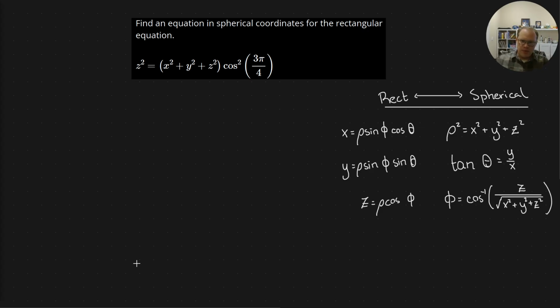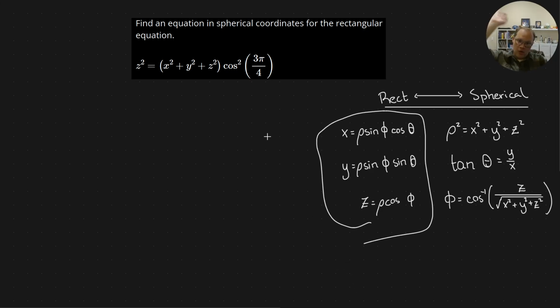Let's do another example. In this one, we are given an equation in rectangular coordinates. We want to convert it to an equation in spherical coordinates. Converting from rectangular to spherical is pretty straightforward because we can always just swap out x, y, z with these values, and that technically would do it.